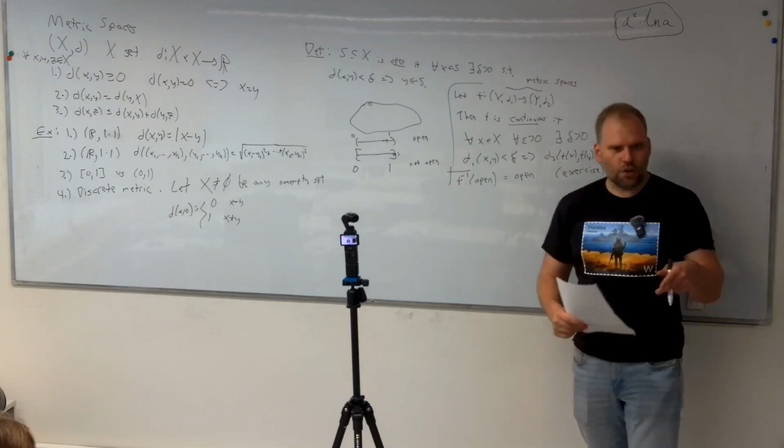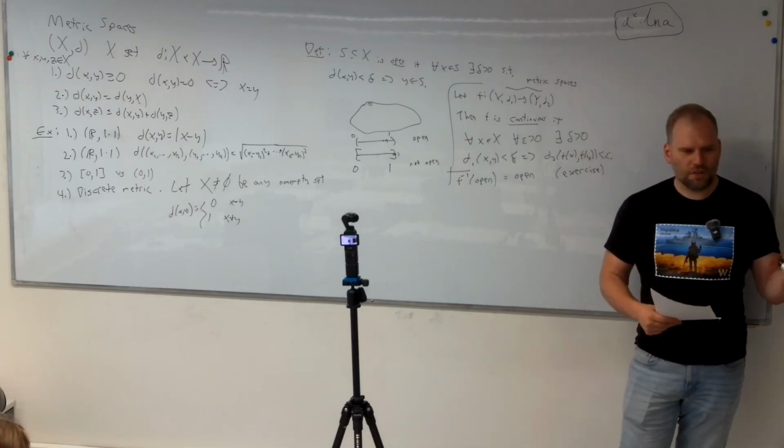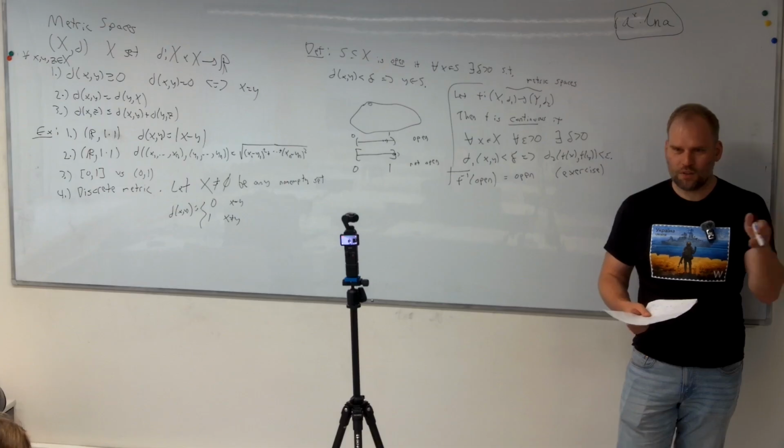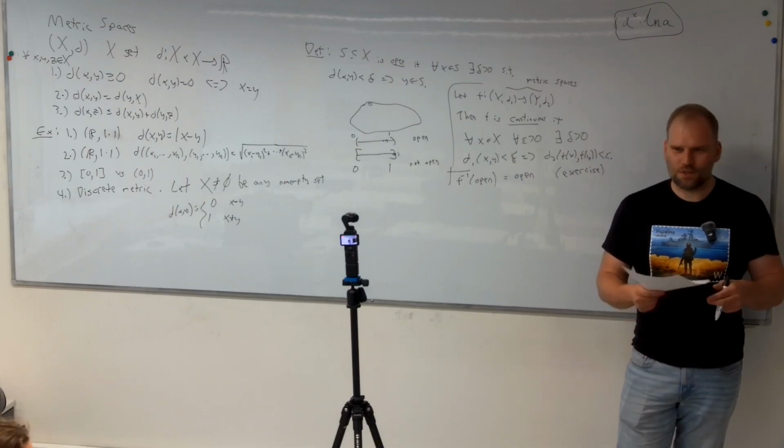Do any undergraduates know examples of metric spaces and a continuous function between them where an open set gets mapped to a set that's not open? This is not a question for professors, it's a question for undergraduates.